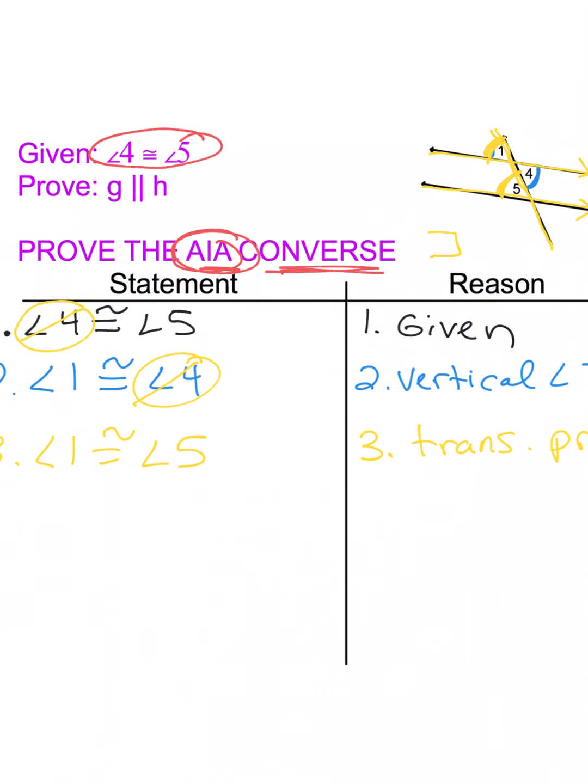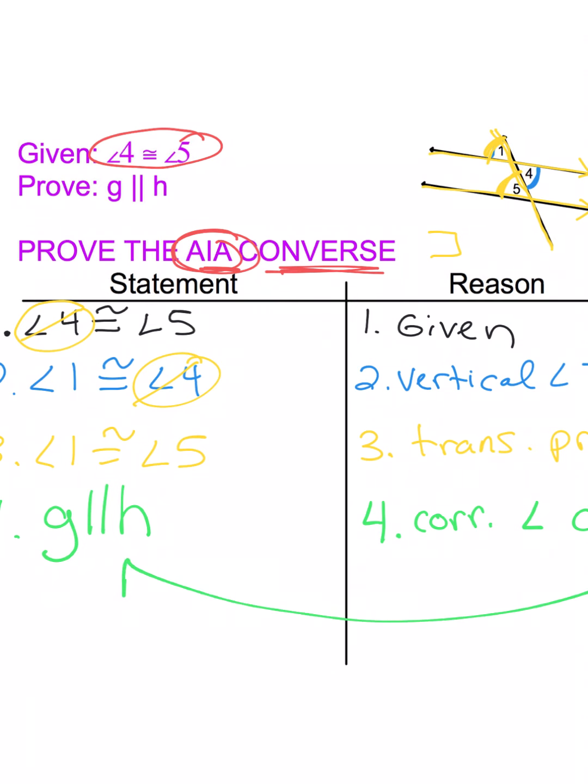So in our last step here, we can state that line G is parallel to line H, and that was using corresponding angle converse. And again, it's converse because we're trying to prove that these two lines are parallel. Okay, it will always be the converse every single time your reason here is parallel.